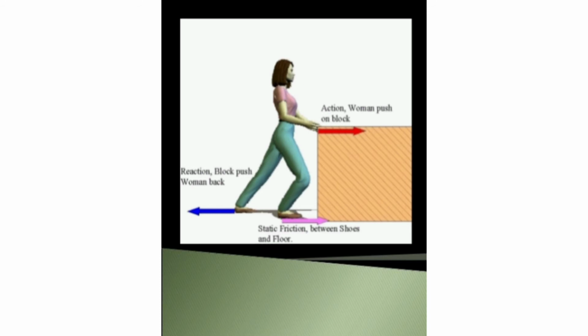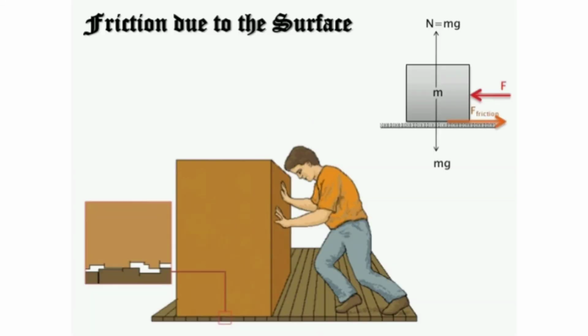When you push on a box, it pushes back. You need to push harder than the force of friction between the box and the floor to move it. If the friction is less on the floor, the box moves faster.